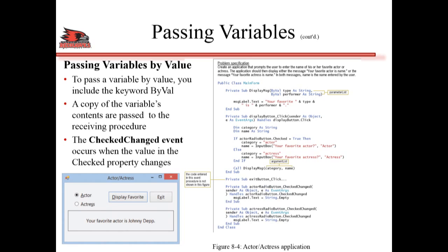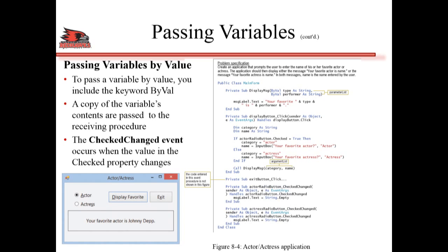favorite. Now here we have initially defined the private sub DisplayMessage independent procedure, and you see there are two arguments here, ByVal type and ByVal performer, which are both strings, and the type and performer, both of these are parameters.